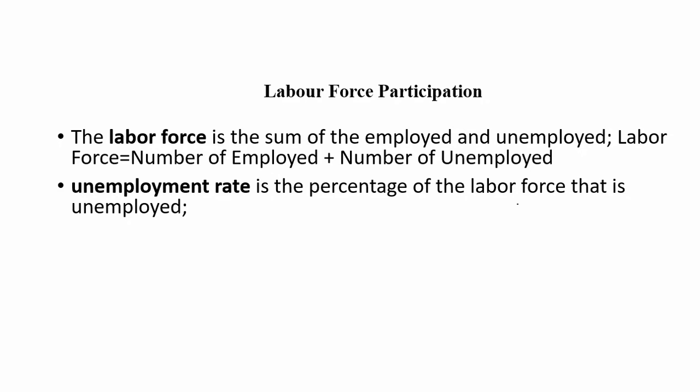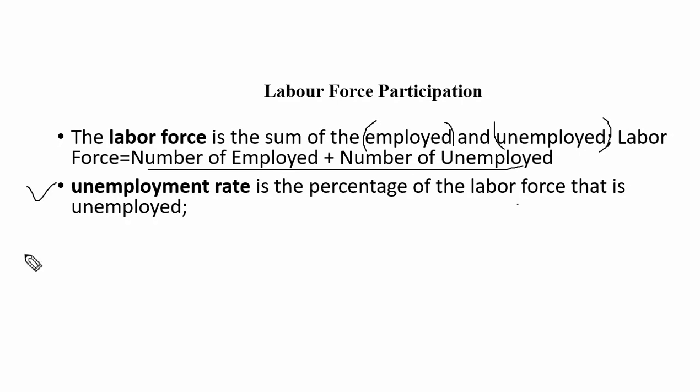Okay, so before going into labor force participation rate, let's first understand what is labor force. So we know that labor force is the sum of the employed and the unemployed. So they build the labor force, and the summation is equal to the labor force.